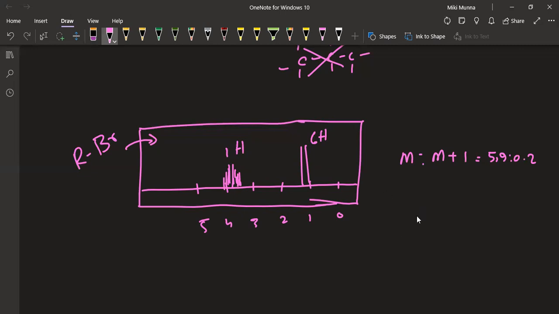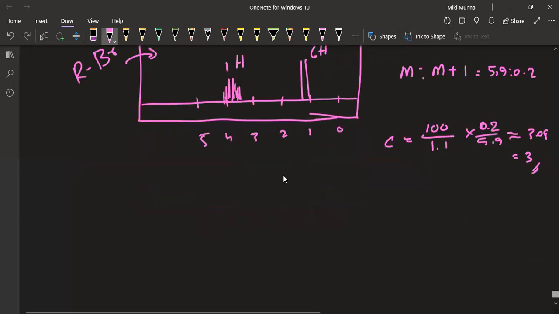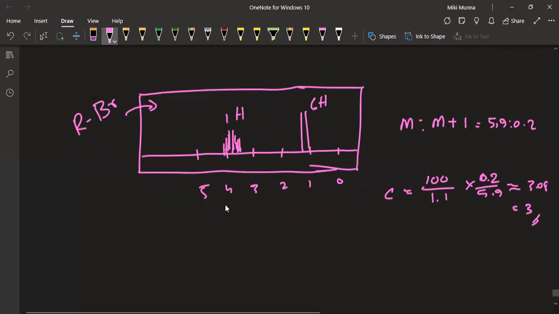So here, the number of carbon atoms is given as 100 over 1.1 into 0.2 divided by 5.9 equals 3.08, which is approximated to 3. That means 3 carbons should be here, and we have 2 chemical environments. Now it says here we have a doublet.